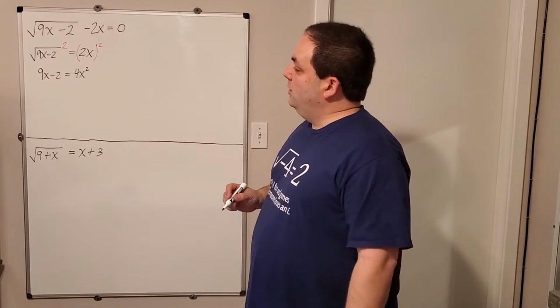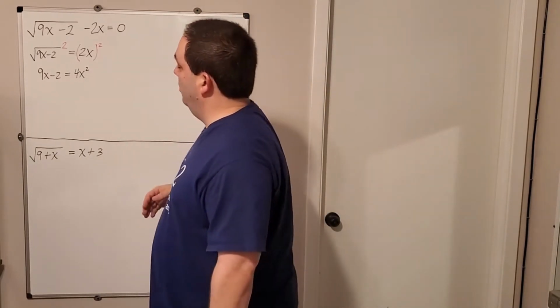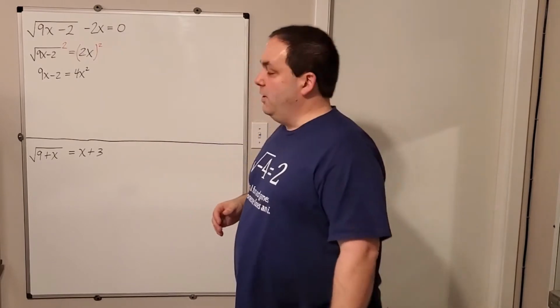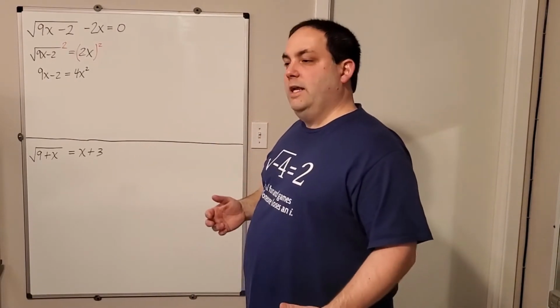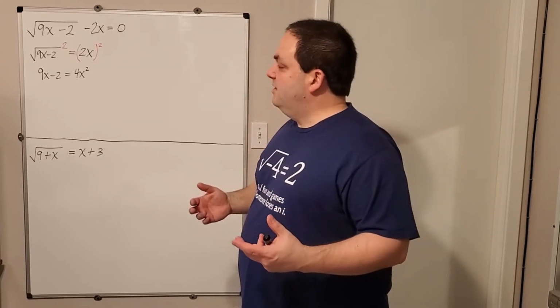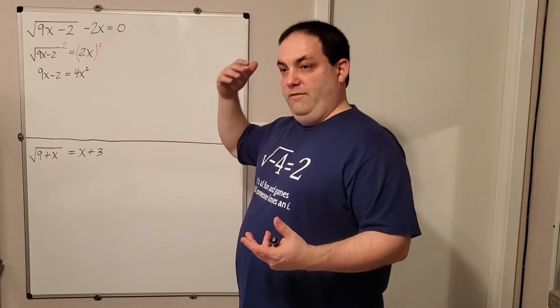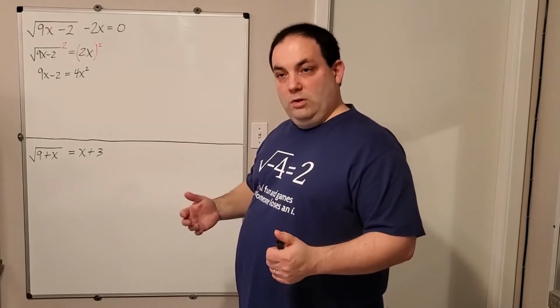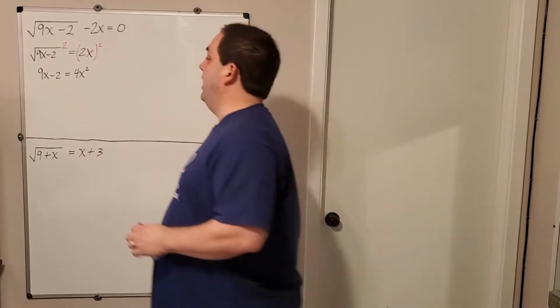Then I notice it's a quadratic, right? Because of the x squared, and nothing's going to add it away or make it not a quadratic. So then my next thought is, wait, if this is a quadratic, all of my methods say that I've got to have an equal 0, right? If you're factoring or using what we call the quadratic formula, you need an equal 0. So I'll go there next.